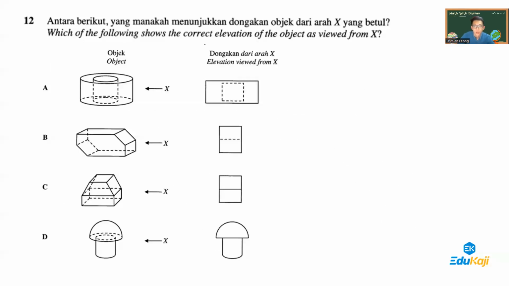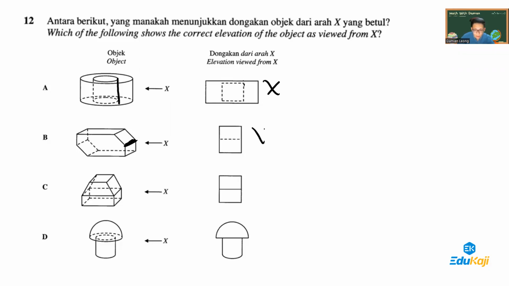Question 12. Which shows the correct elevation of the object as viewed from X. So from X here, this is wrong because this reaches all the way to the bottom and top. So it should be dotted lines all the way until the end. This one, you should be able to see this line. So it's definitely not a dotted line.